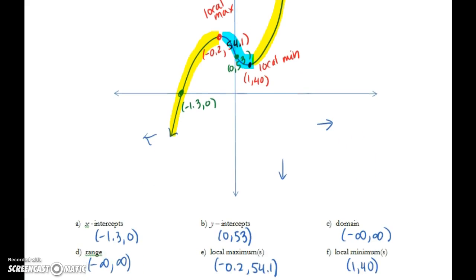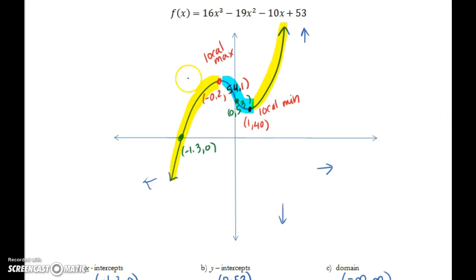Our first region where it's increasing is in this yellow region right here. And when we describe the region, we describe it with the x values that it's increasing through. The leftmost x value of this region is -infinity, and the rightmost x value is -0.2.